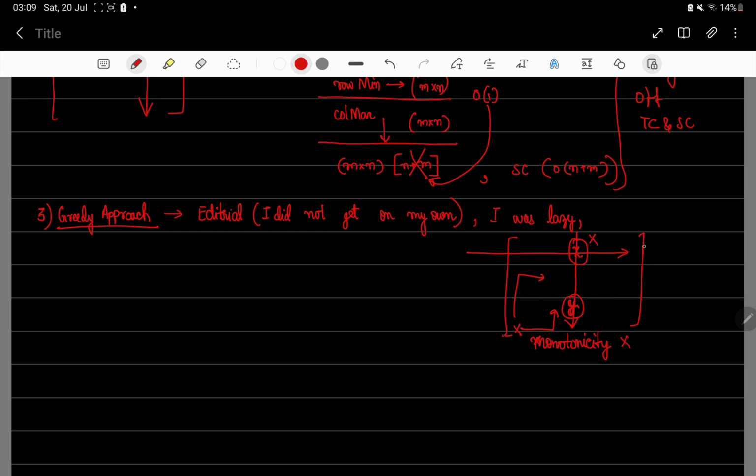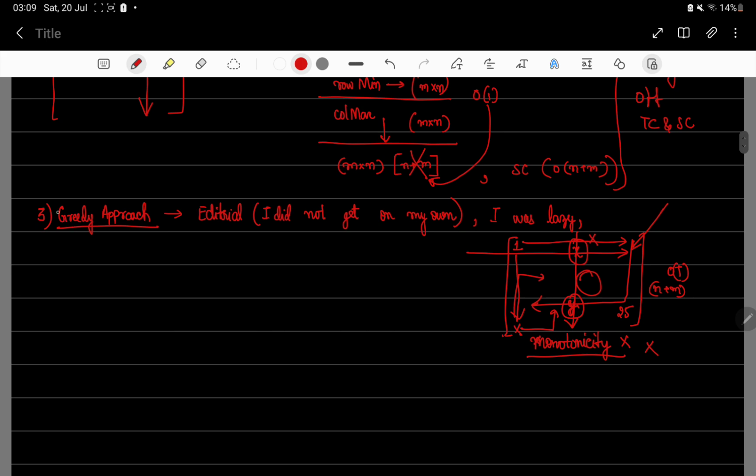In some problems, if here it is 1 and here it is 25, and all these numbers are increasing in order, then to find some number inside, we can come from a certain direction and travel this in n plus m maximum time complexity. So I was thinking that can we apply that, but there was no monotonicity, so I couldn't apply that also. But then I went through the editorials and read about it.